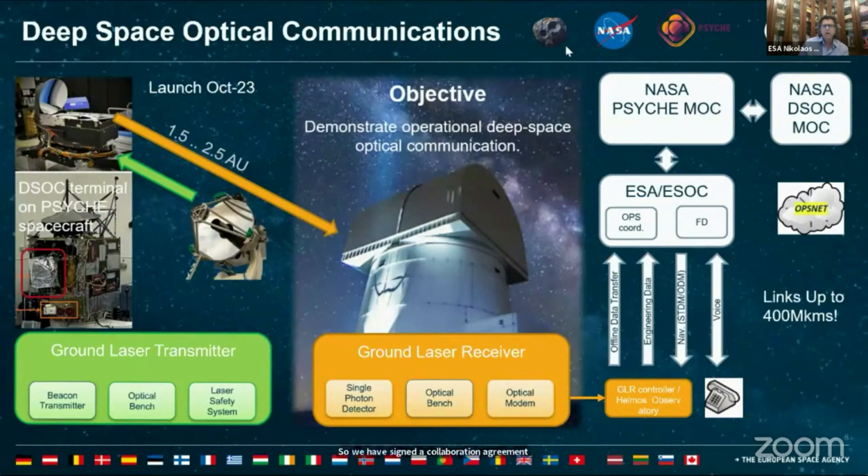And through our big 2-meter telescope in Helmos in Peloponnese in Greece, we will try to receive signal from Psyche as far as almost 400 million kilometers. And from another telescope that is about 30 or 40 kilometers in line of sight apart from Helmos, we will transmit a high power 7 kilowatt laser to Psyche.